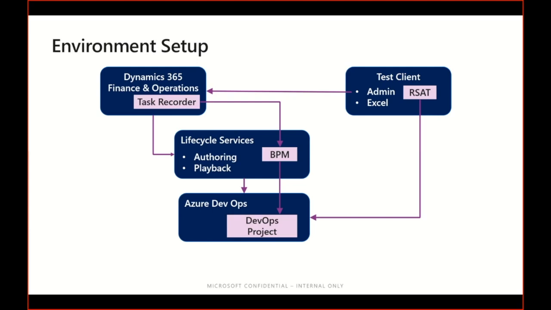BPM will then generate test cases in our Azure DevOps project. And as the last step, we have been setting up the Regression Suite Automation Tool software on our test client.